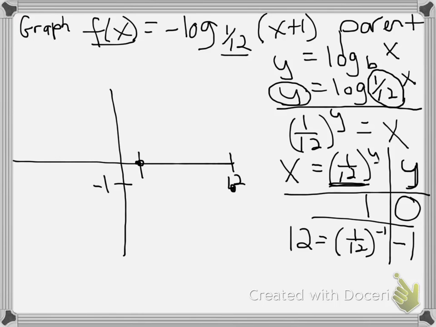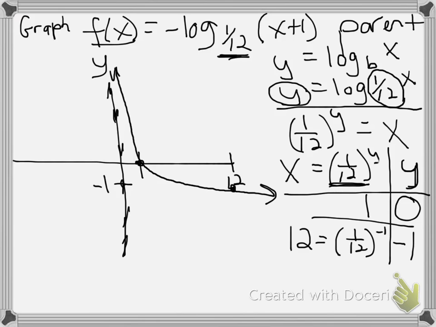Now, if you recall from the graphs that we looked at in the introduction, if our base is fractional, our graph from left to right is going to decrease, and our asymptote is going to be along the y-axis. So we're going to go and decrease from left to right. So the black graph represents our parent.